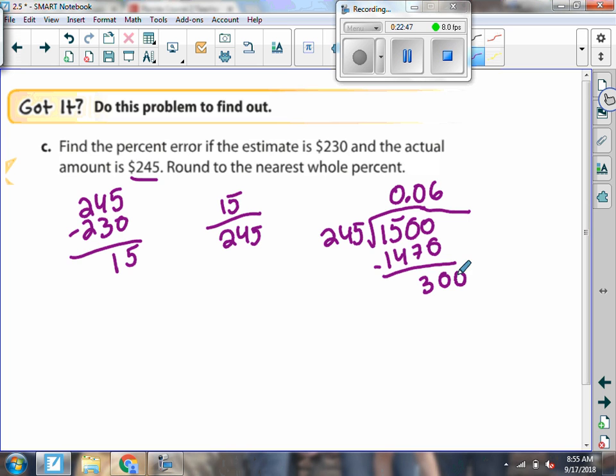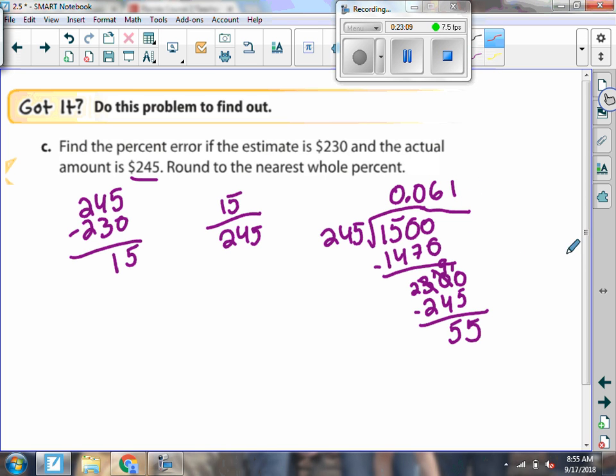I add another 0. 245 goes into 300 one time. So I carry my 1. 10 minus 5 is 5. 9 minus 4 is 5. Okay, so I can stop there because I've got 3 decimal places.